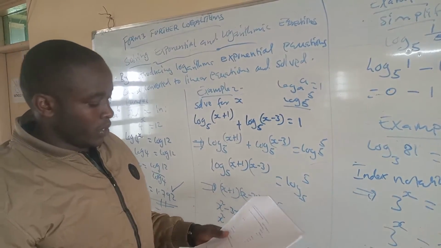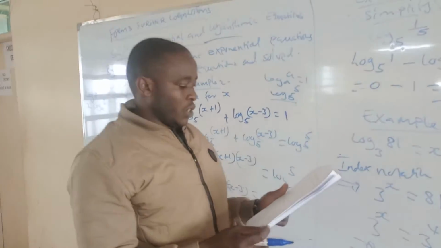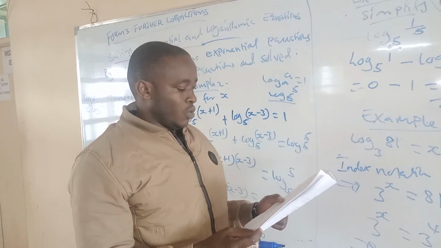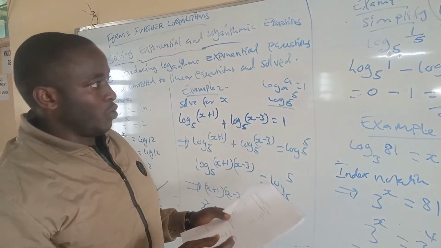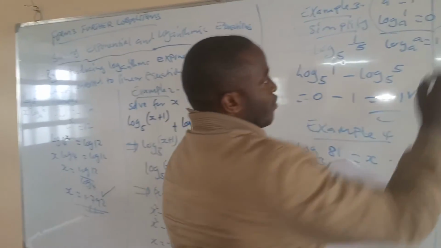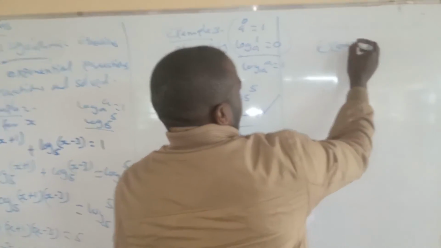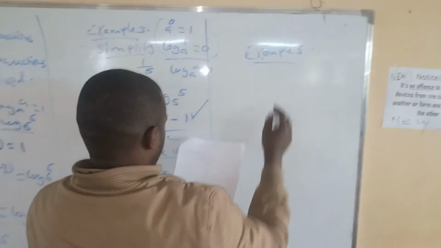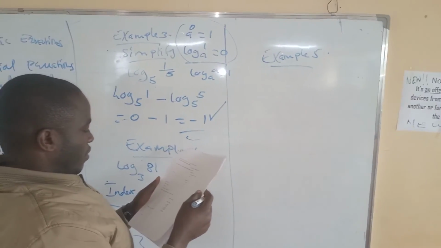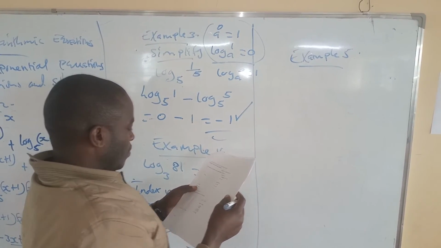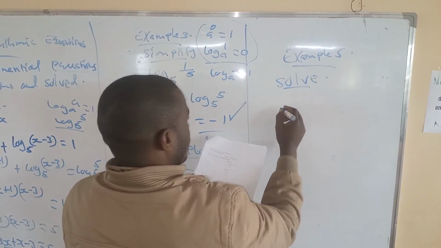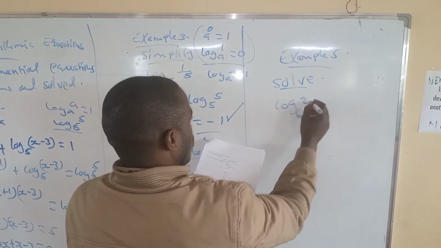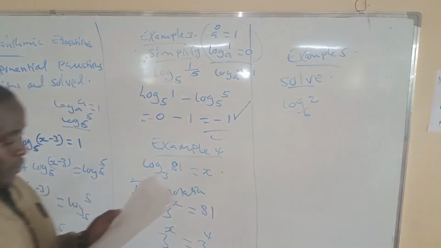So those are some of the questions that I wanted you to note. Also, let me do one more example, example 5. It can be that you are given a question like: solve log to base 6 of 2.